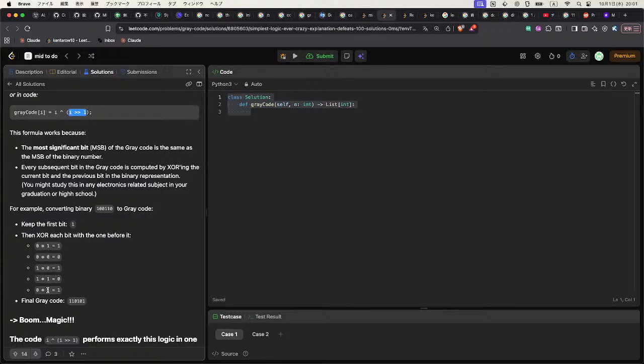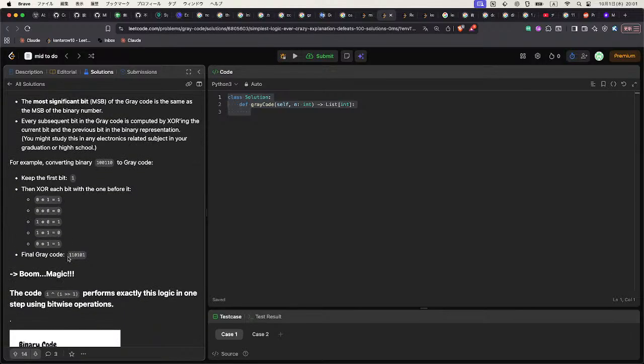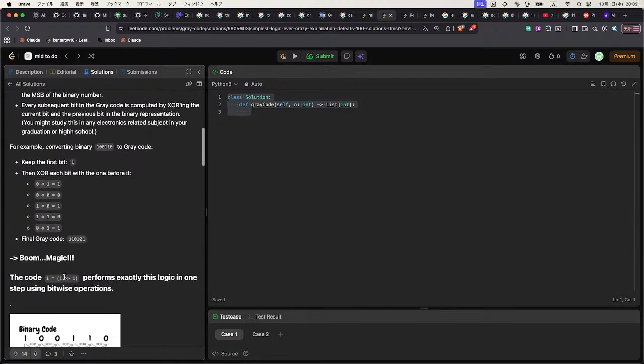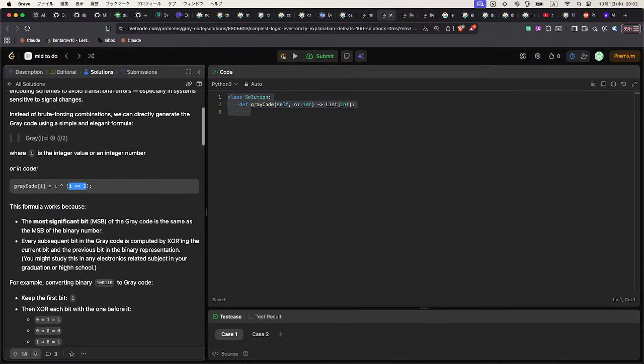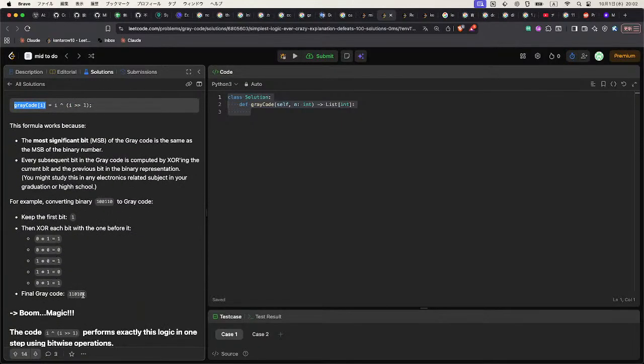This one, 10011. Okay. And the result is 10101. So the final gray code would be 110101. And the gray code of i is 110101.